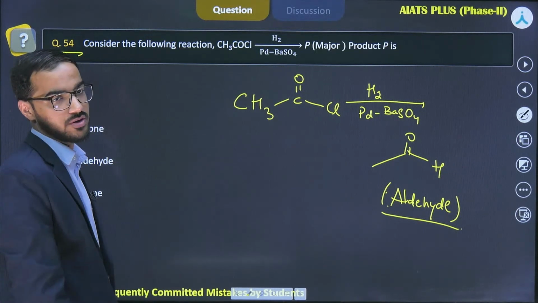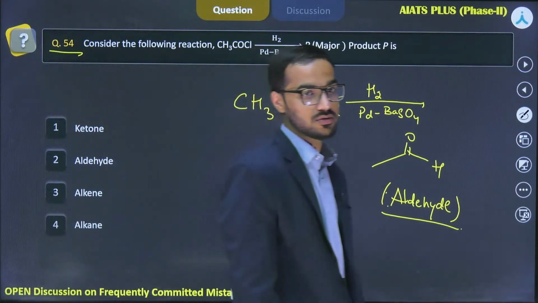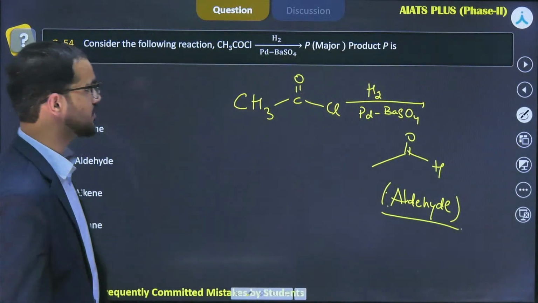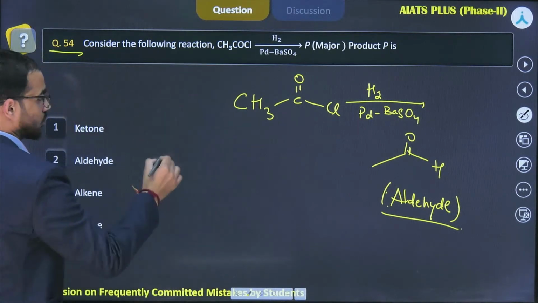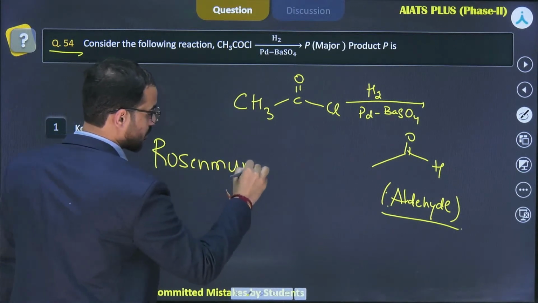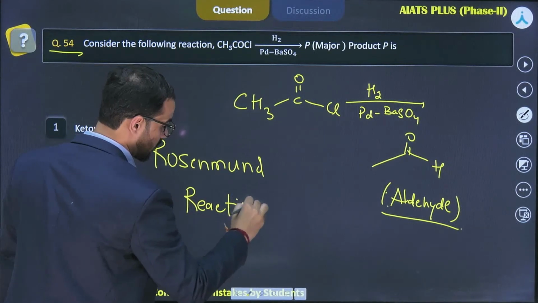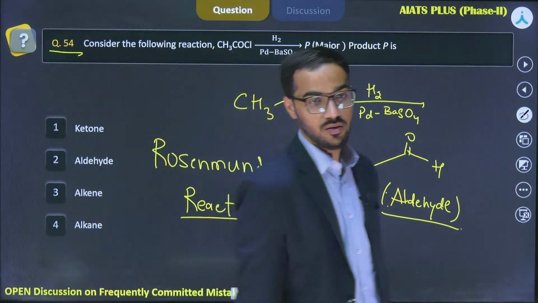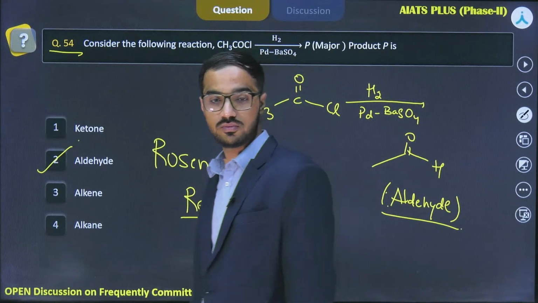Charcoal has never been a poison. Charcoal can never be a poison. Barium sulfate is used as a poison here. So the name of this reaction is Rosenmund. The correct answer to this question is option number 2.